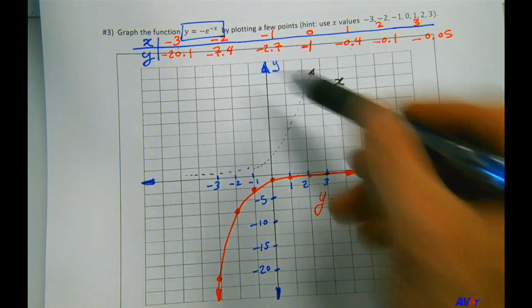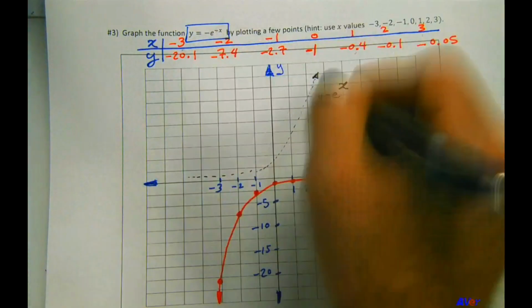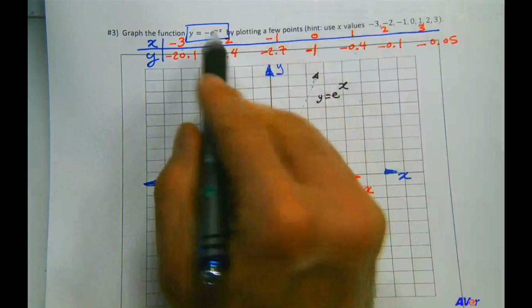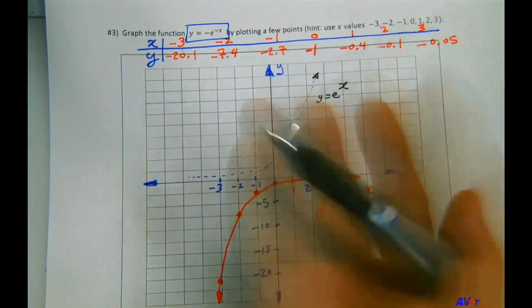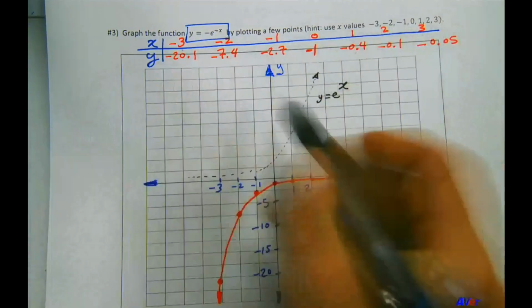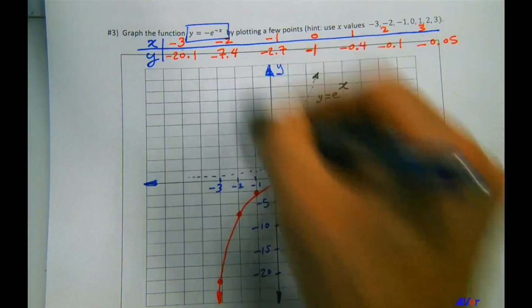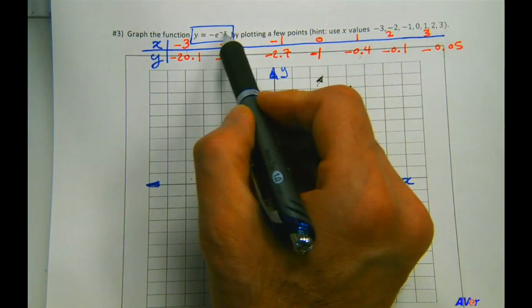Working with this as the original function, right now this is an increasing function from left to right. That minus in the power would make this a decreasing function. So it would flip it, so that it would be a decreasing function going like this. That's what would happen with the minus in front of the x.